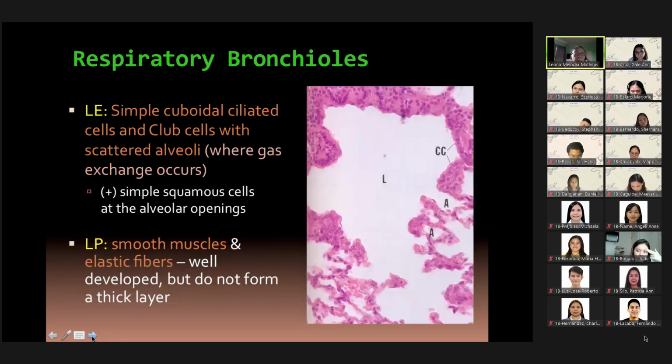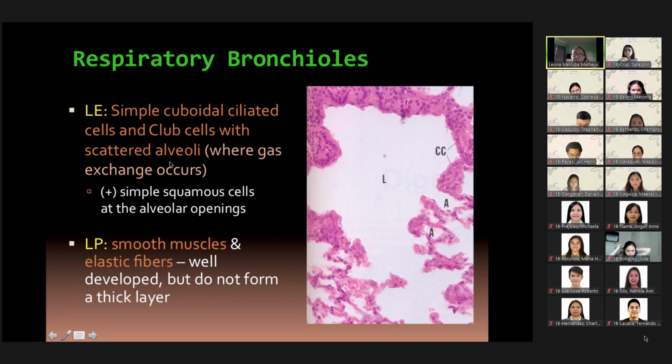Now let's look at your respiratory region, starting with the respiratory bronchiole. Here, the lining epithelium is also simple cuboidal ciliated with club cells, and it is specifically noted to have scattered alveoli. This is different from the terminal bronchiole, because even if lined with simple cuboidal ciliated epithelium with club cells, we have scattered alveoli in between.